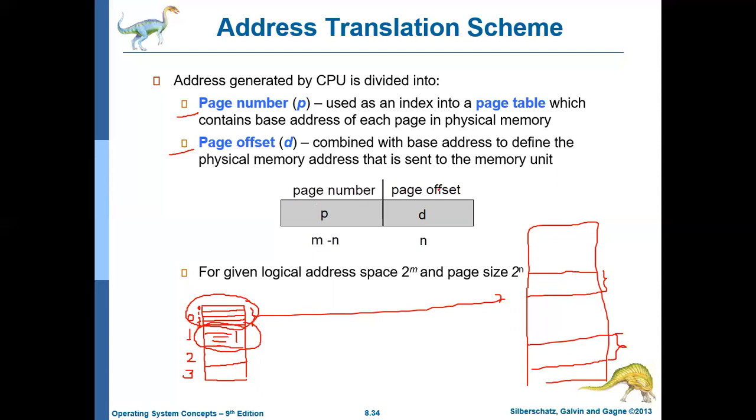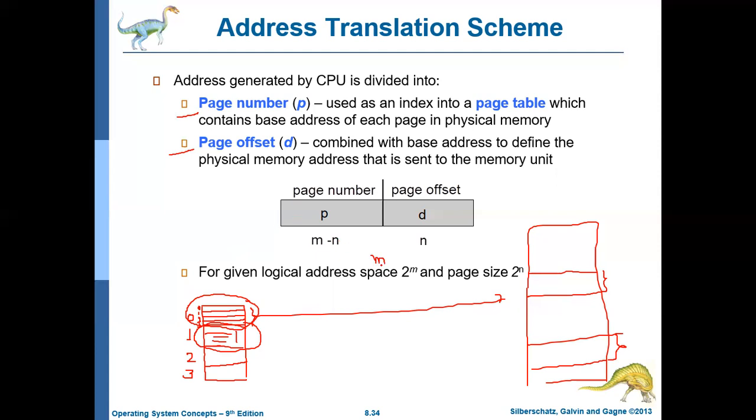Page number, offset number, how many bits? If we say the total bits are m, that is used for the logical address.